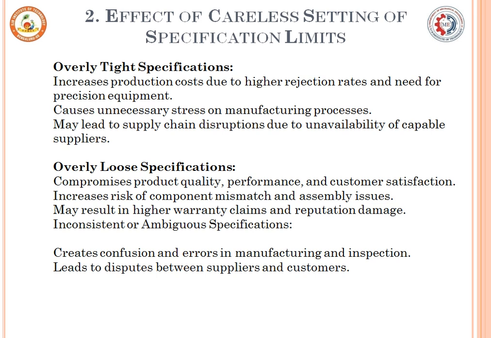If it is low specification, what happens? It compromises product quality, performance and customer satisfaction, increases risk of component mismatch and assembly issues, and may result in higher warranty claims and repeated damage.